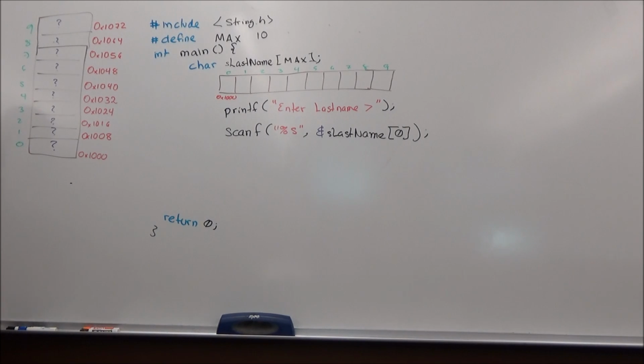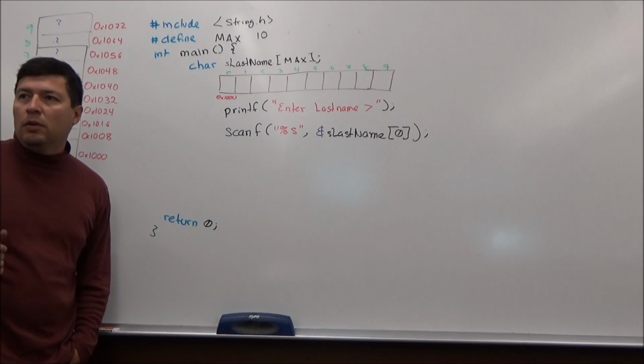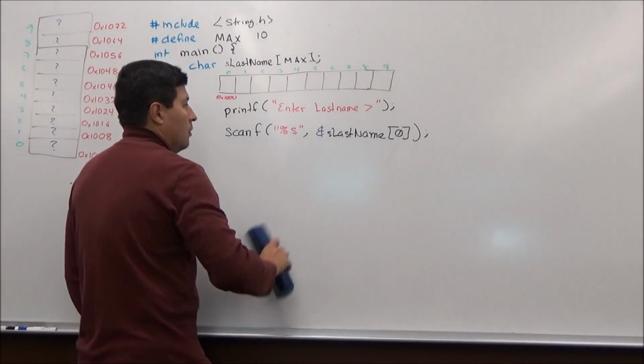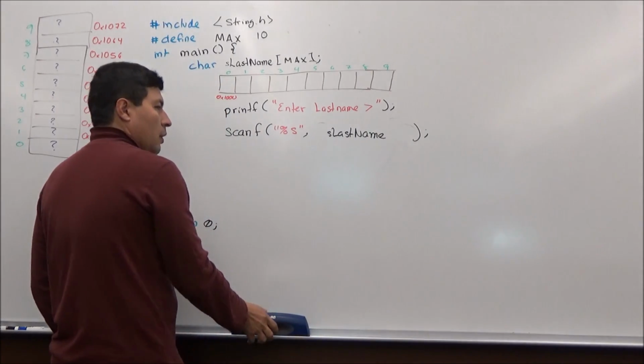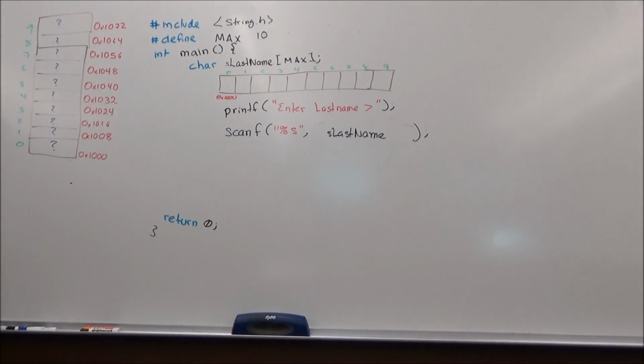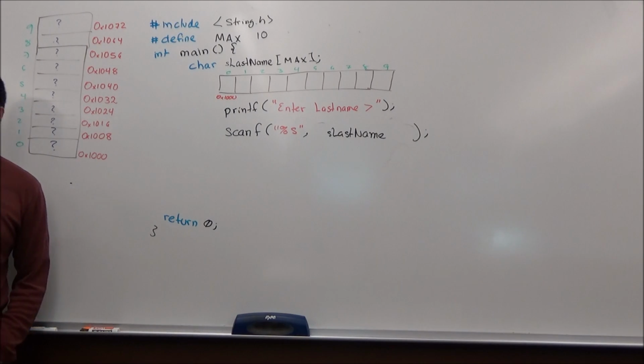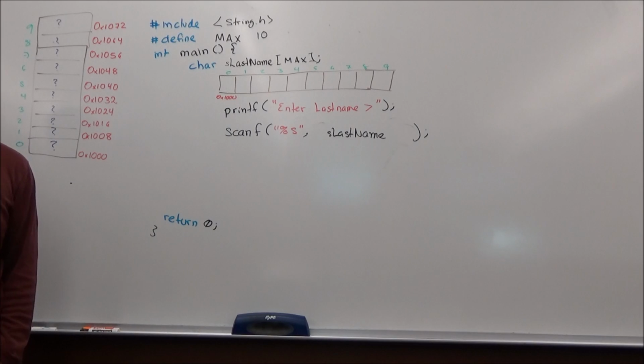But if you're like me, who tries to work as little as possible, then I put just that, and that works. So my stack gets filled in similarly to how we did the scanf with one character at a time.